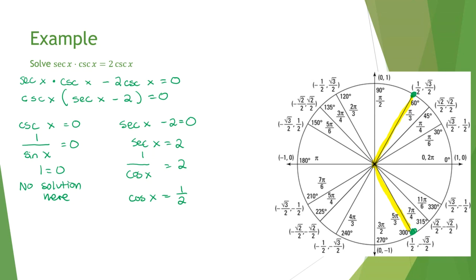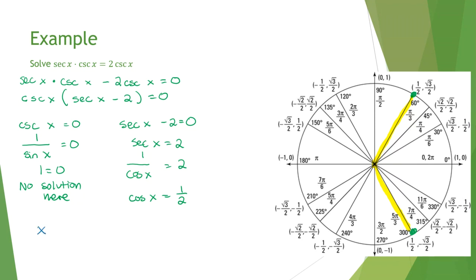So it has to form a pattern of being divided evenly here. But because it's not evenly divided in half, quarters, or some sort of thing like that, we need to have 2 separate equations, because there's no way that I can go from 5 pi over 3 to pi over 3 and then use that same distance to get back to 5 pi over 3. The distance there is not the same. So I need 2 equations here.